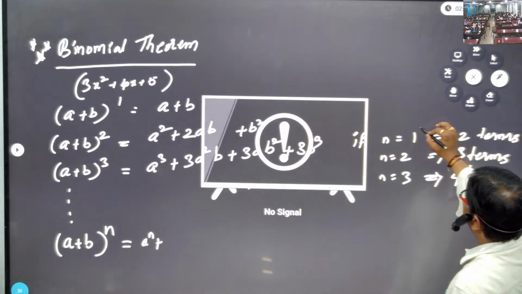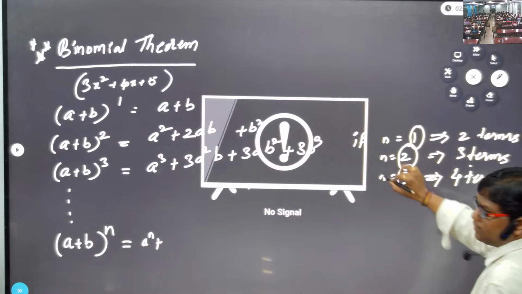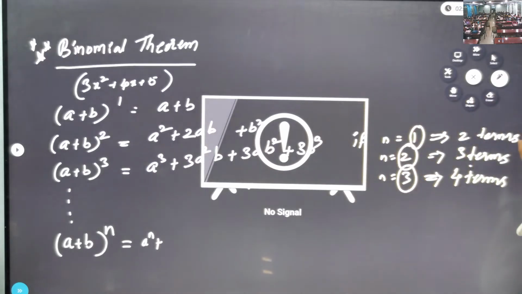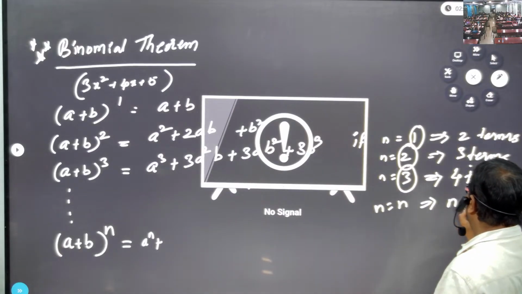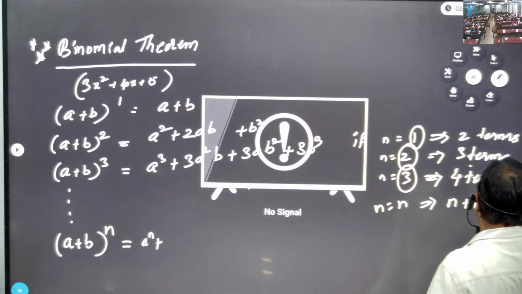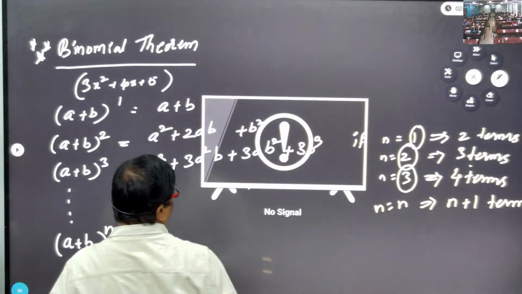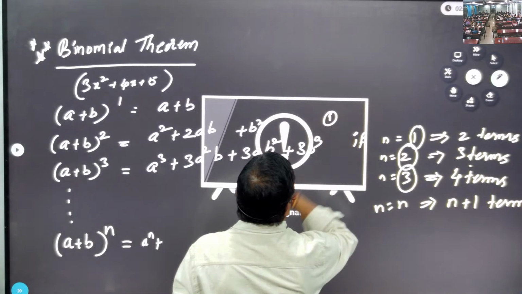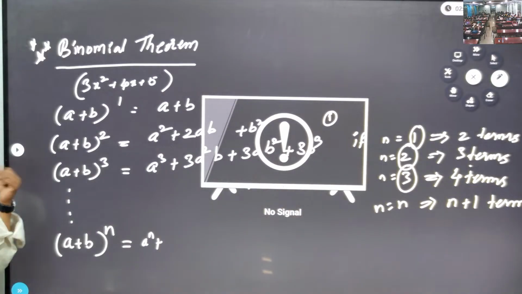Whatever the value of n is, it is plus 1 for the terms. So that is the first point we need to remember when we are going with our binomial. That is your first part that we need to understand. Again, check your values.